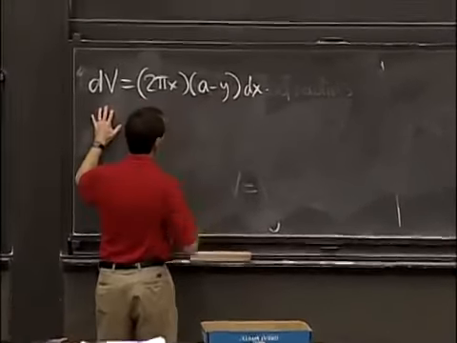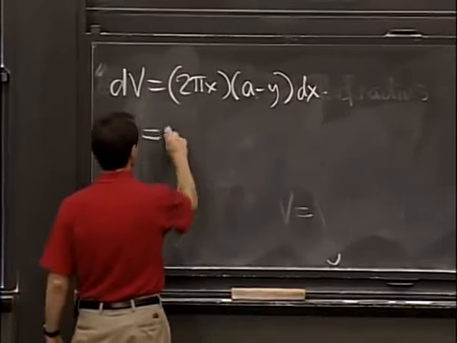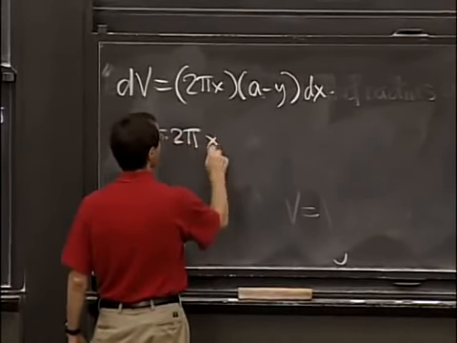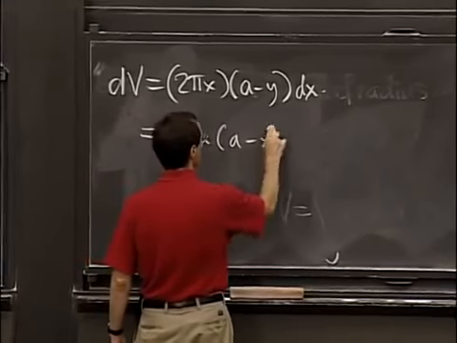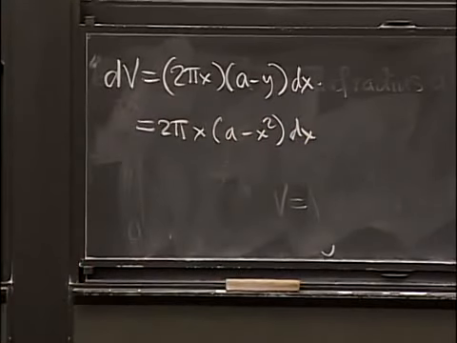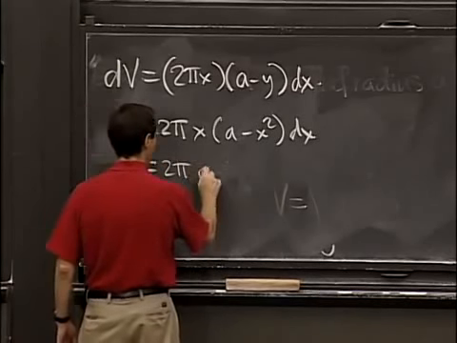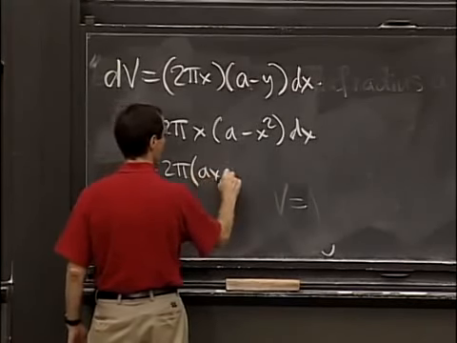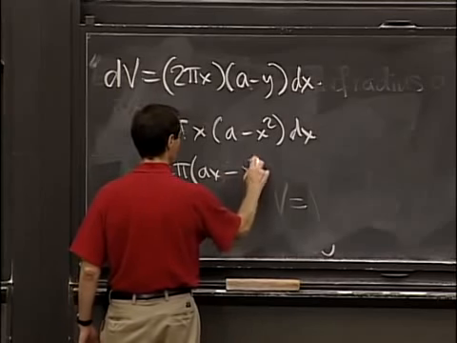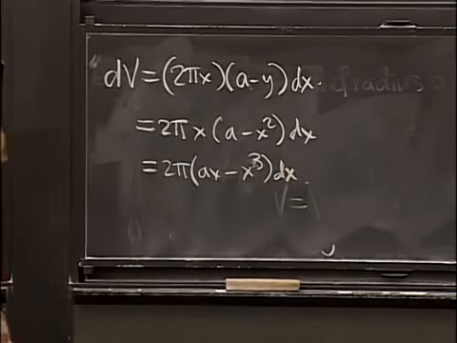All right, so here's the formula, and let's simplify it a little bit. We have 2 pi x times, remember, first I have to substitute, otherwise I'm never going to be able to integrate. And then I rewrite that as 2 pi times ax minus x cubed, dx. Better not get that wrong.